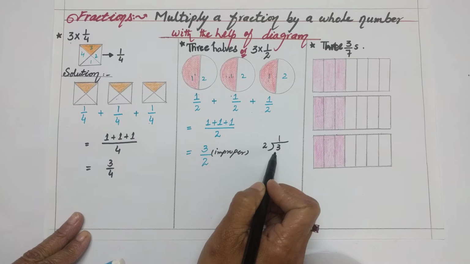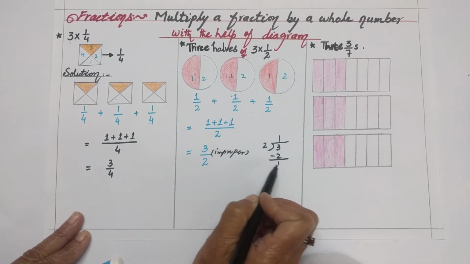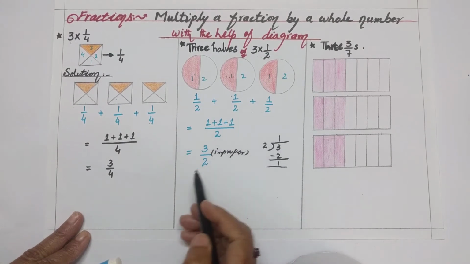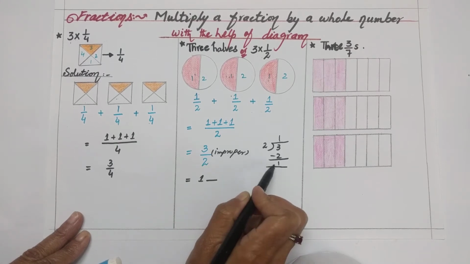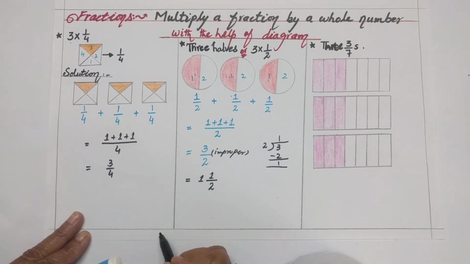So 2 ones are 2, 3 minus 2 is equal to 1. So what is our answer? 1 is our whole, this 1 is our numerator, and this 2 is our denominator. That is our required answer.